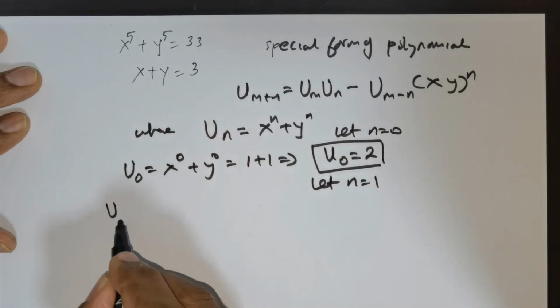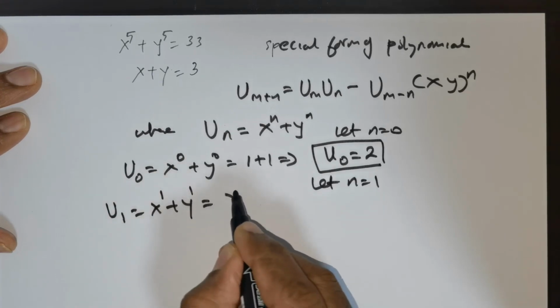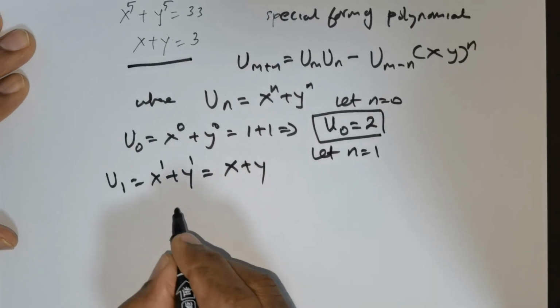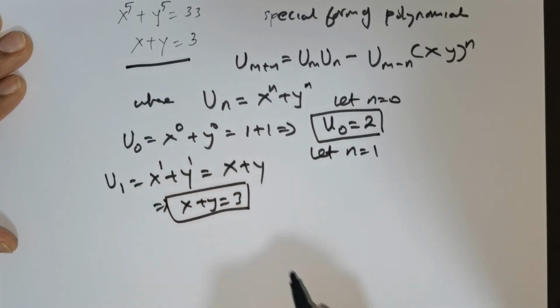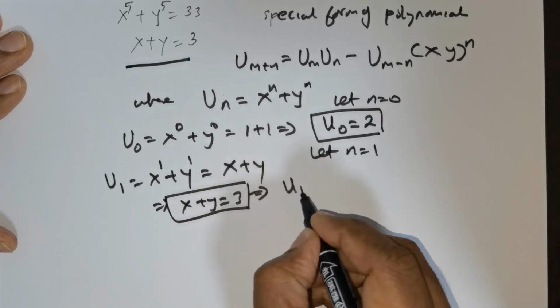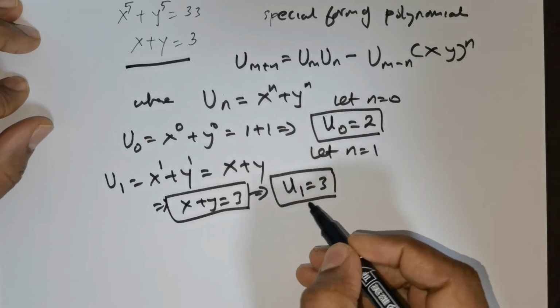So u_1 = x^1 + y^1 = x + y. But it is given that x + y = 3. So that is another important piece of information, which means u_1 = 3. So u_0 is equal to 2 and u_1 is equal to 3.